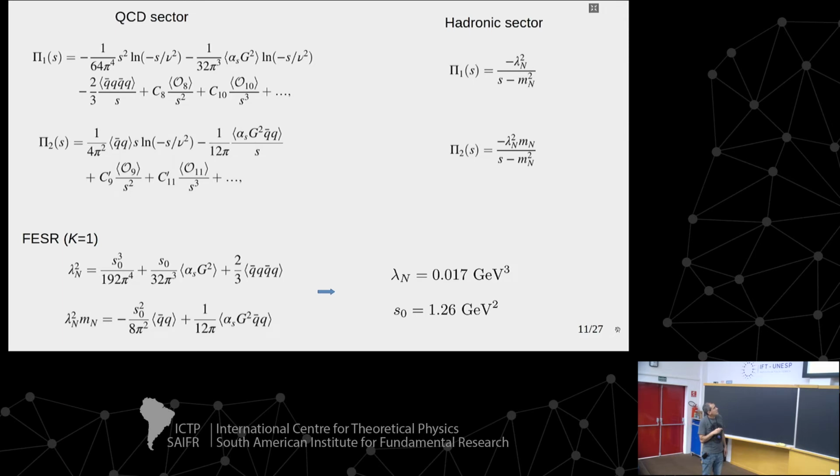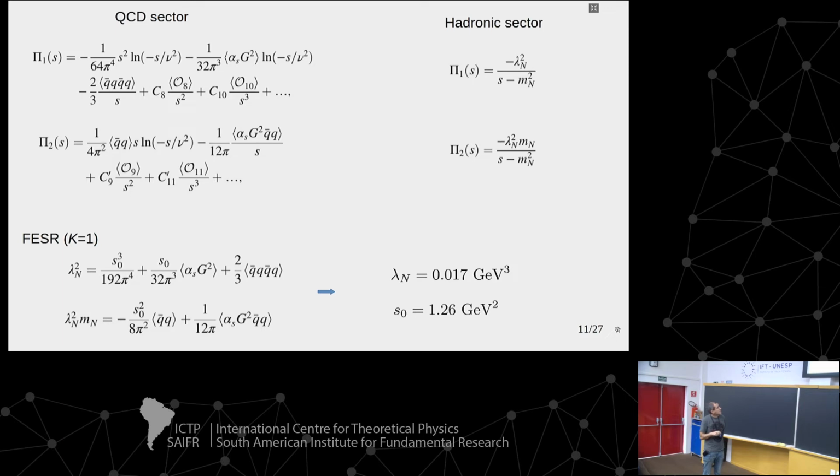And Pi 2 is the same: s times the log. The first term is proportional to the chiral condensate. This is in the chiral limit. The second one is the mixed gluon condensate, chiral condensate over s, and then the other term. So if we do the contour integral with the kernel equal to 1, all these contributions just vanish.